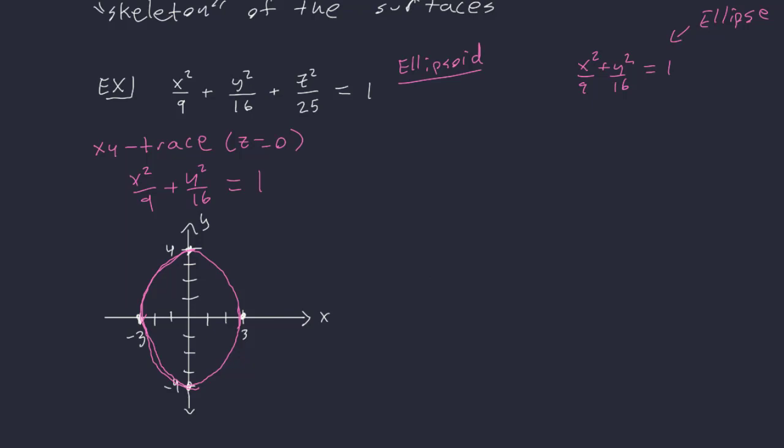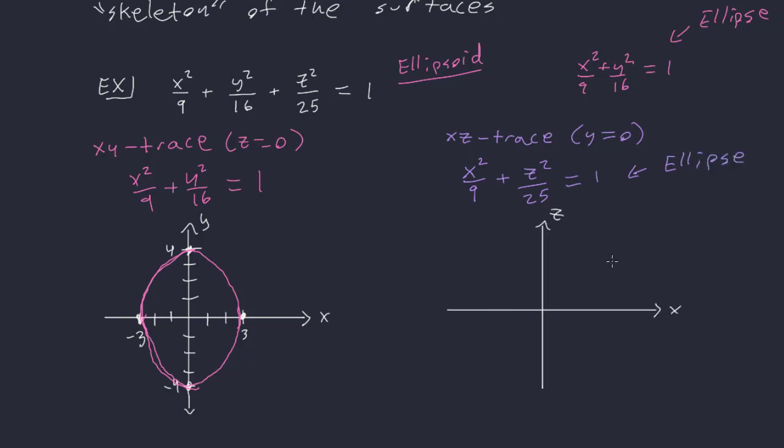Now let's look at the next trace, the xz. This order is not mandatory, it's just the order I like to go in. The xz trace is where y is equal to 0, so we get x squared over 9 plus z squared over 25 equals 1, and this is another ellipse. I always draw my traces with z as the vertical axis, unless it's the xy plane, then of course y is the vertical axis.